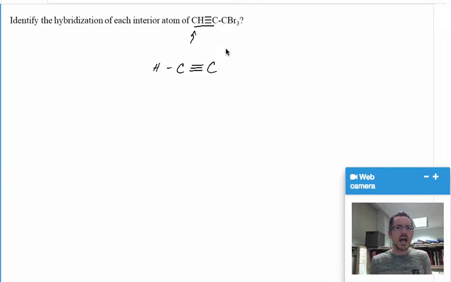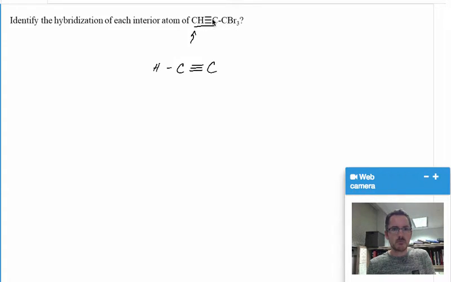The reason we have it in this order is because hydrogen can only attach to one thing. So if you see CH, that H won't be in the interior of the structure, and if you're reading from left to right, it's going to attach to that carbon. So we've taken care of that first carbon, the hydrogen, and the triple bond.